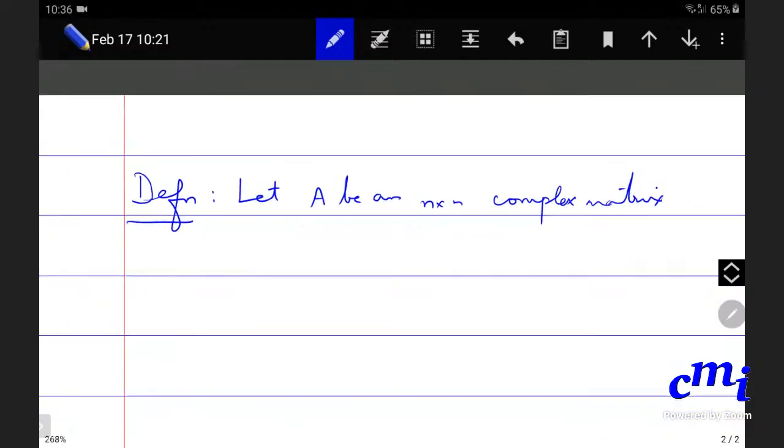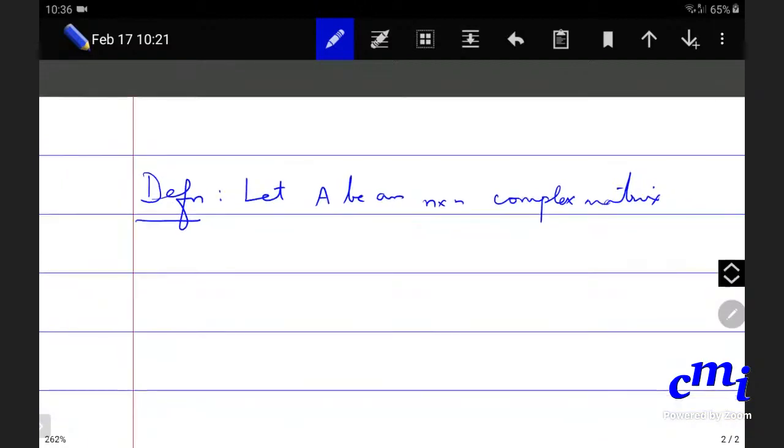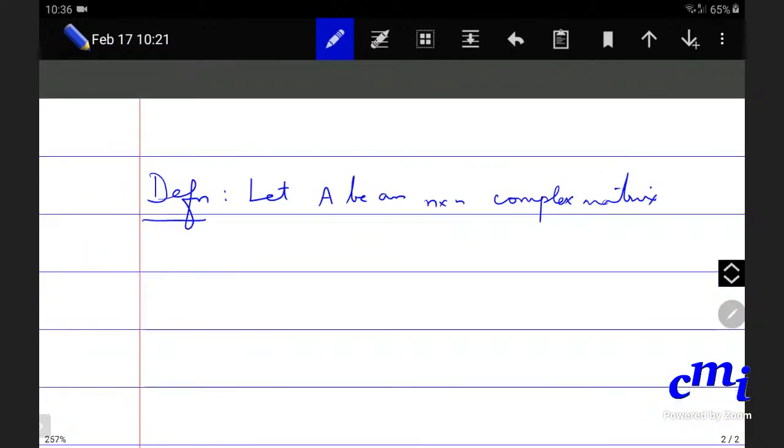It is just that the entries are complex numbers. It doesn't necessarily have real entries. The complex conjugate.